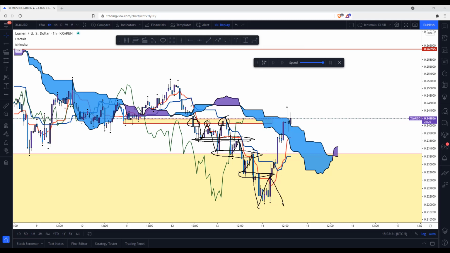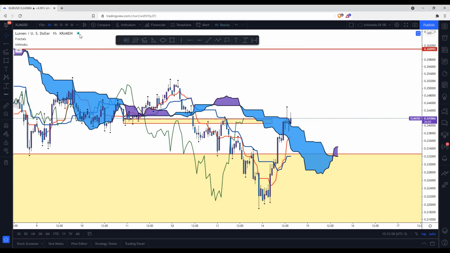It actually broke above, and then it broke this bullish fractal to the upside. So really study these fractals. I'm telling you, these will change your trading immensely. They may be difficult at first, but if you can find the initial fractal breakout, you can get an idea where the market is going to go.